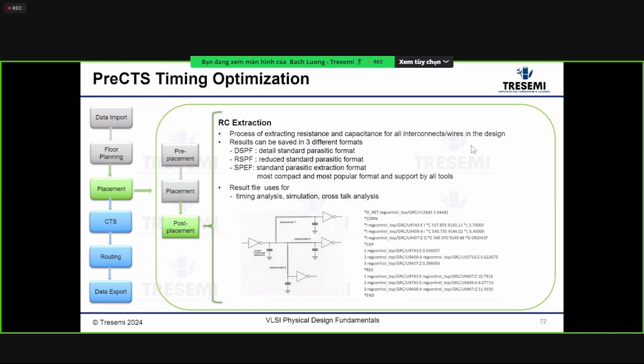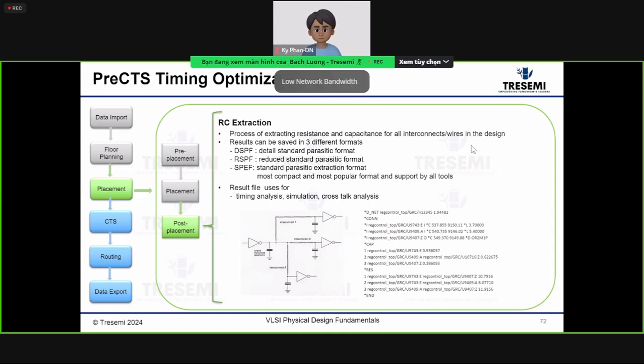Okay, RC extraction. RC extraction is the process of extracting RC for all the connects, all the wires in the design. Remember when we do a global route, those RC are estimated, right? It just lays out some wires.